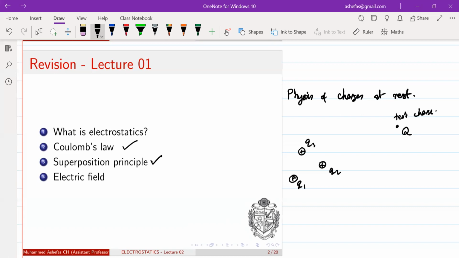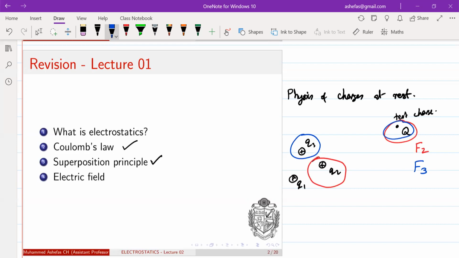That means the force of attraction between two charges does not depend upon the presence of a third charge. The presence of another charge does not change the interaction between the first two charges. Suppose you know the force between small q2 and capital Q, and I denote that force by the symbol F2, and you calculate the force between Q3 and capital Q, and denote it F3.